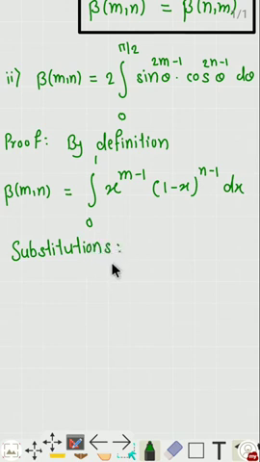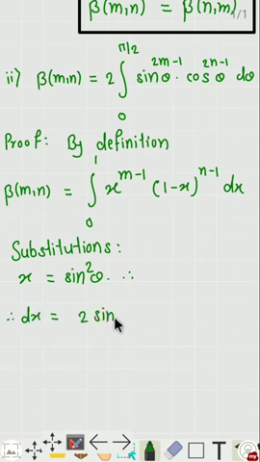These substitutions are, so instead of x we put sine square theta. So due to this substitution, what we have is therefore dx will be 2 times sine theta, and the derivative of sine theta is cos theta d theta. Okay, so instead of dx I will write this term.